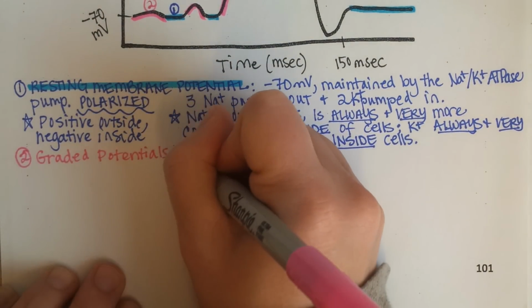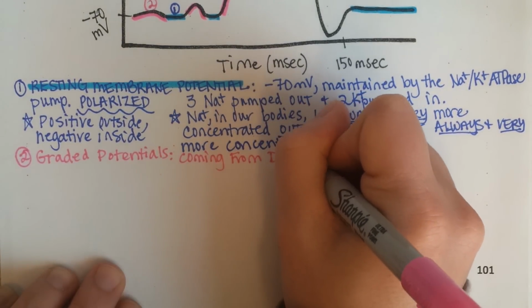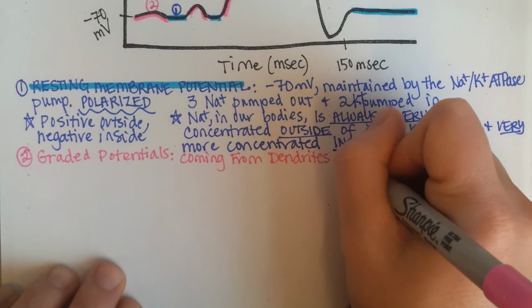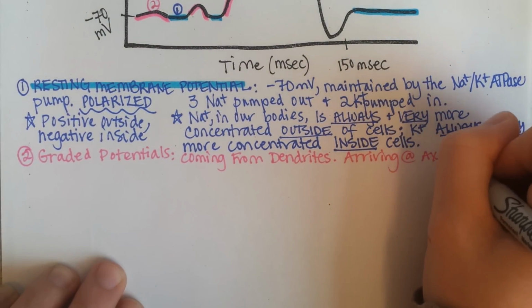These are coming from dendrites, arriving at the axon hillock.